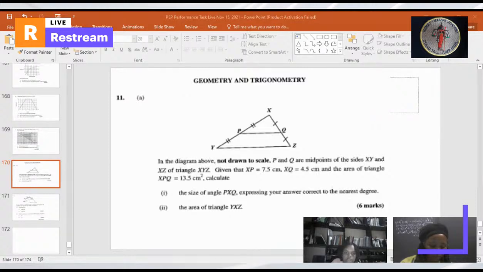Given that XP equals 7.5 centimeters, XQ equals 4.5 centimeters, and the area of triangle XPQ equals 13.5 centimeters squared, calculate i, the size of angle PXQ, expressing your answer correct to the nearest degree, ii, the area of triangle YXZ.